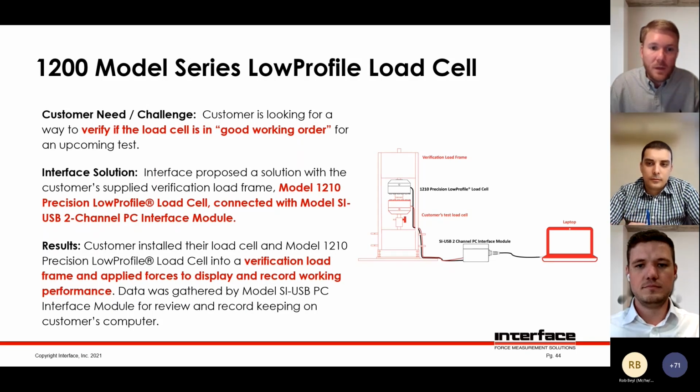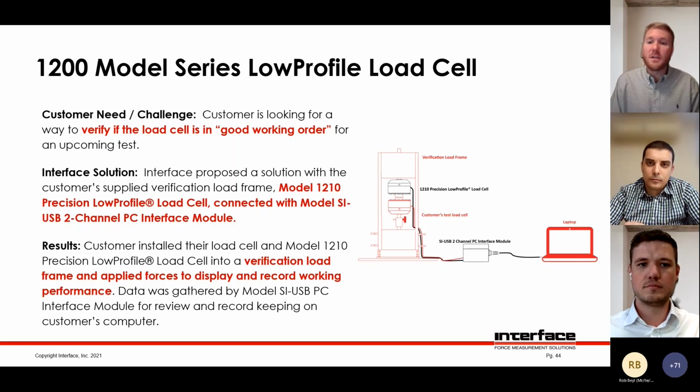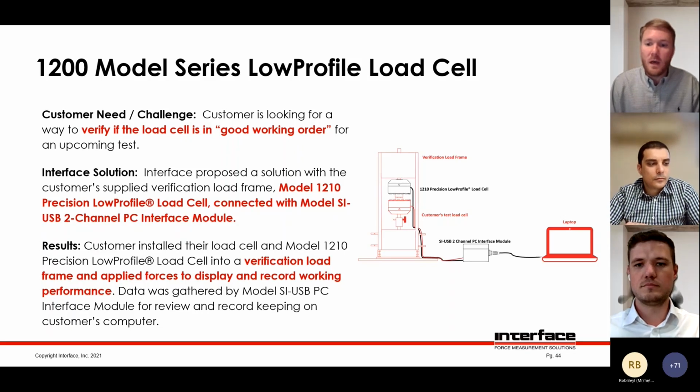So using one of our gold standard load cells, we were able to essentially calibrate or check the load cell that was going to be used in the application. Pull out the load cell, put it into the apparatus here, and measure the load cell.